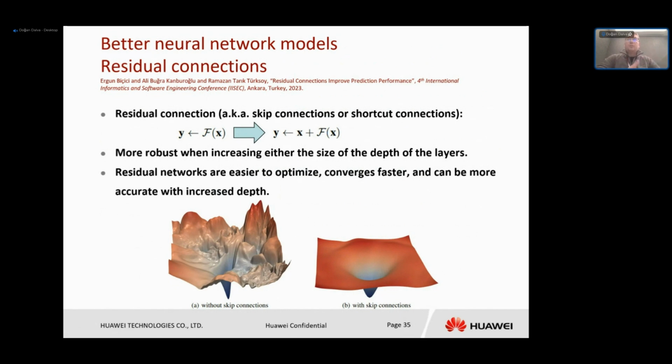And additionally, as we show in this figure, without skip connections, the optimization surface is very non-convex and very hard to optimize with various local minima. But with skip connections, it's very smooth and very easy to optimize, and it converges faster, and we can achieve increased accuracy with increased depth.